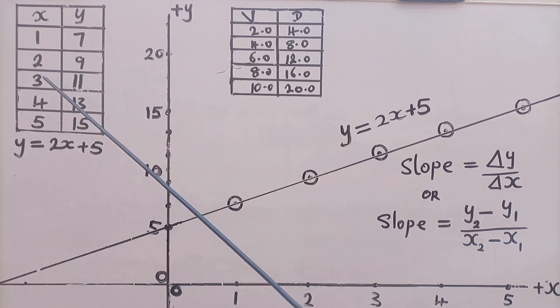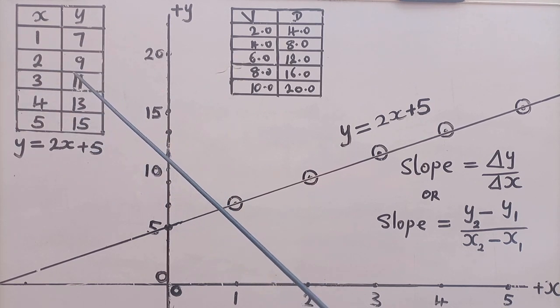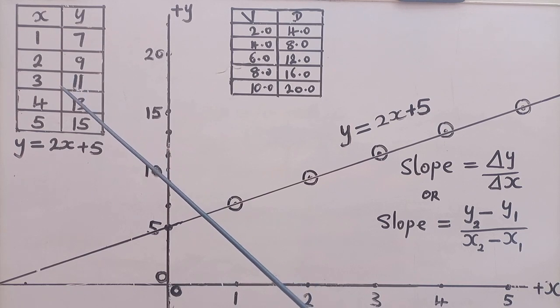Then when the change is from 3 to 4, the change in y is 11 to 13, and so on. Now, at this point in time, please watch that table again to find out if it is possible for you to use that same table to find the slope of the physical situation or physical system which this table represents.